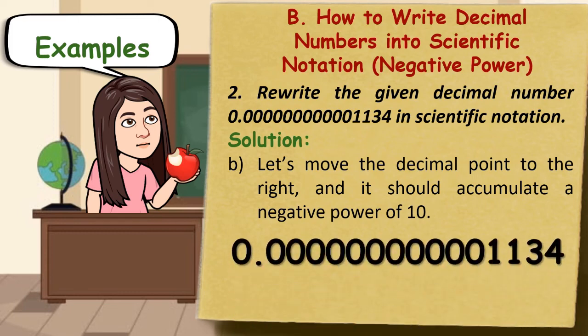From the original location going to the new location, we will count 12 decimal places to the right.